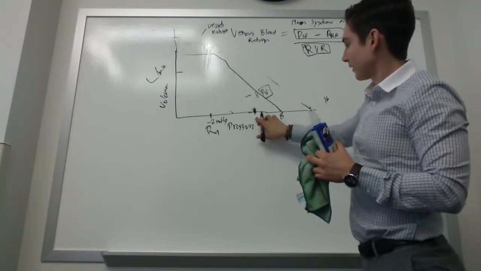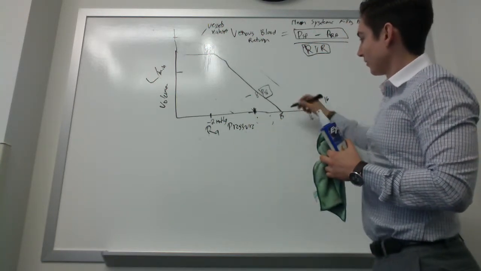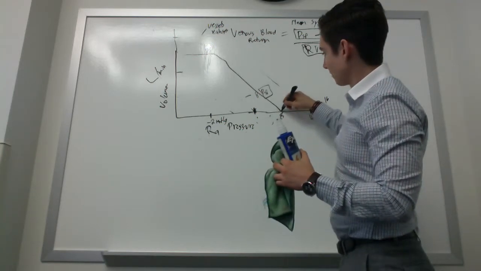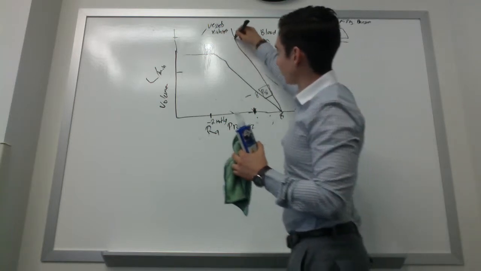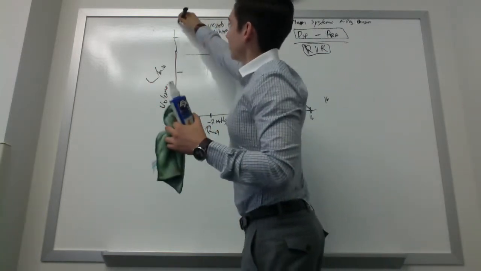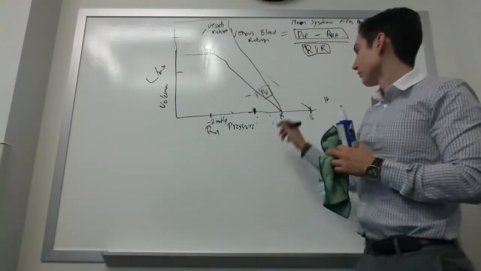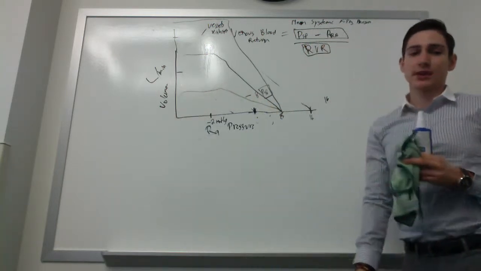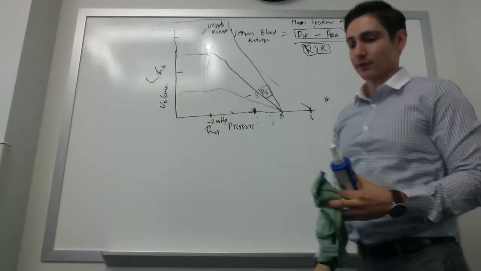Okay, so this is 8 now. What you'll see is if it's half the resistance, it'll be twice the slope, and it'll go twice as high, and then plateau. Okay, 2 times the resistance, it'll be half as high, like that. Okay, so that's how it changes relative to resistance.